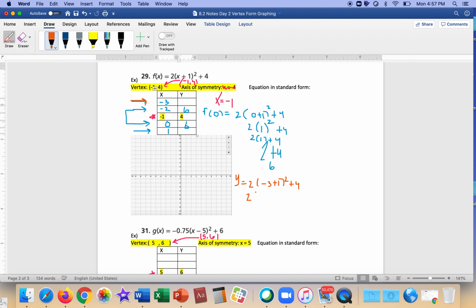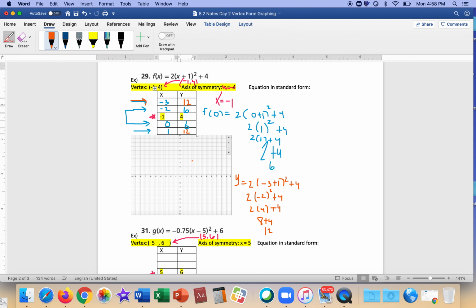So inside the parentheses we get -2, squared, plus 4. Exponents first, so -2 times -2 is 4. Then 2 times 4 is 8, and 8 plus 4 is 12. So we'll write 12 up here, and now let's go to graph.